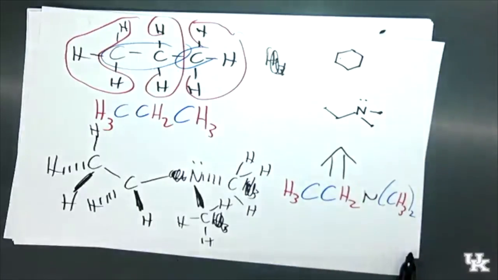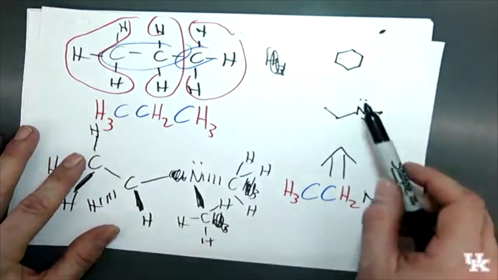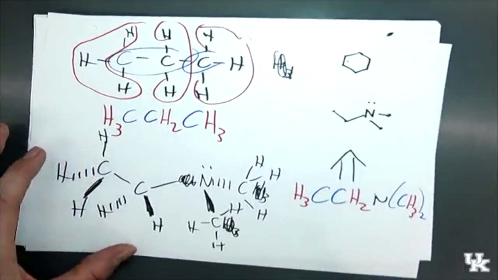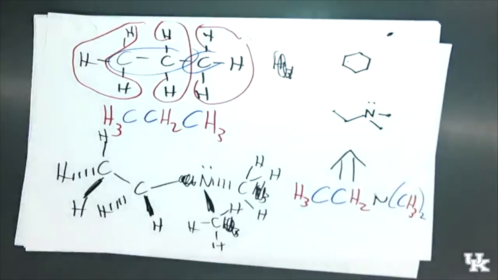Something you cannot assume, charges, lone pairs, because I drew the lone pairs for you here on this nitrogen, but often they're left out. So the lone pairs are a piece of implicit information, but what is never implicit is charge, because of this reason. And this will be the last thing before we go.